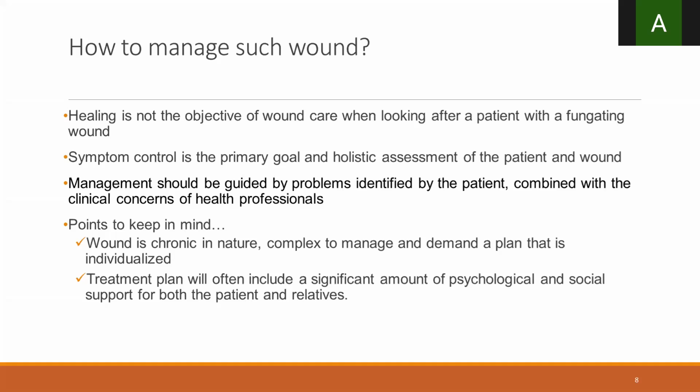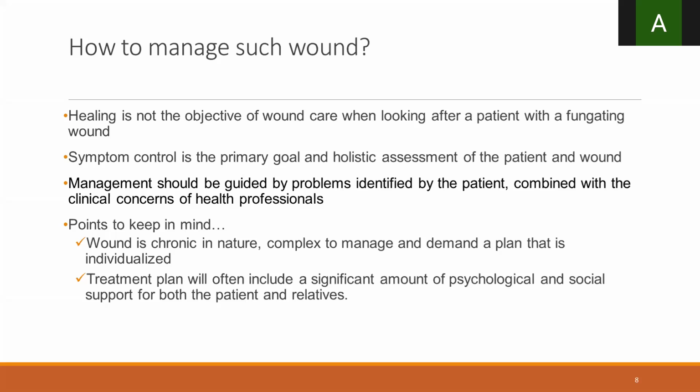So the points we would like to keep in mind would be: the wound is chronic in nature, okay, and it is very complex to manage. So plan in such a way, and of course, depending on the patient's health and condition, an individual care plan should be planned.